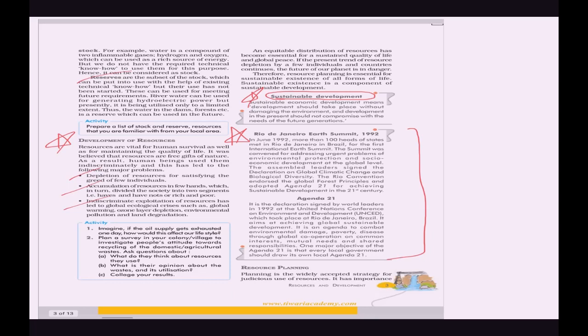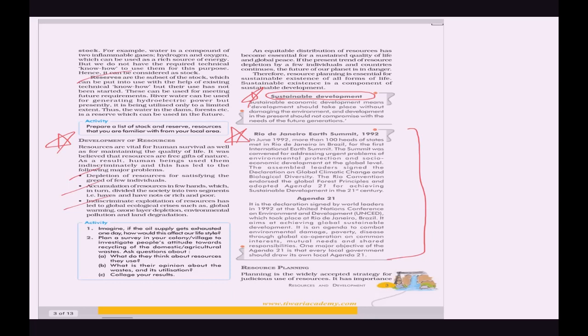For example, if there is 80% resource and 80 population, 70% of the resource is used by 10% of the people, and 10% of the resource is used by 70% of the people. That is uneven distribution of resources.